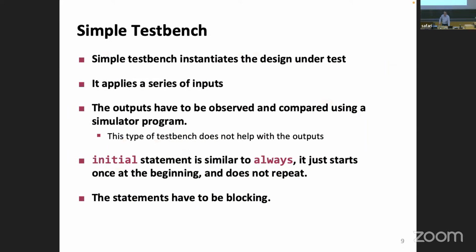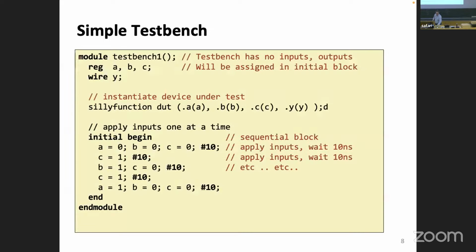Now, this is what we call a simple test bench. It's very simple because it instantiates the design under test. So this is what I wanted here. It applies a series of inputs, but the inputs are sort of built in. And what do I do with the outputs? When you come back here, you realize that you apply these inputs. Applying these inputs would mean that this output here would also get changed.